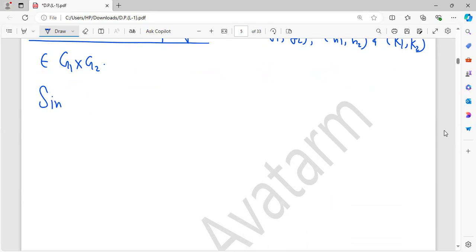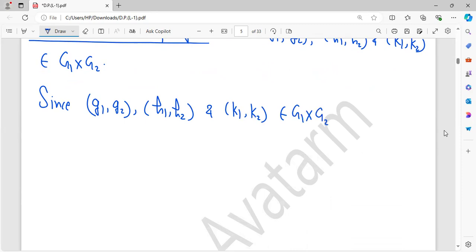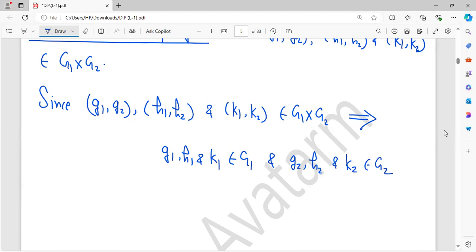Since (g1, g2), (h1, h2) and (k1, k2) belong to G1 Cartesian G2, this implies g1, h1 and k1 belong to G1, and g2, h2 and k2 belong to G2.